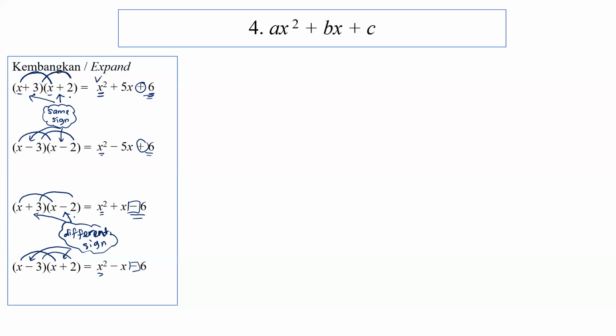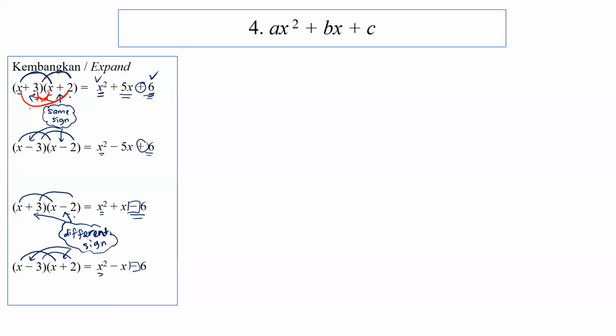Now, after that, what else do we know? We have seen the x squared, and we have seen where the last number comes from. What about the number in the middle? The number in the middle is the sum of the inner pair and the outer pair. Remember the boy's head? This is the boy's head I'm talking about. You get positive 3x.